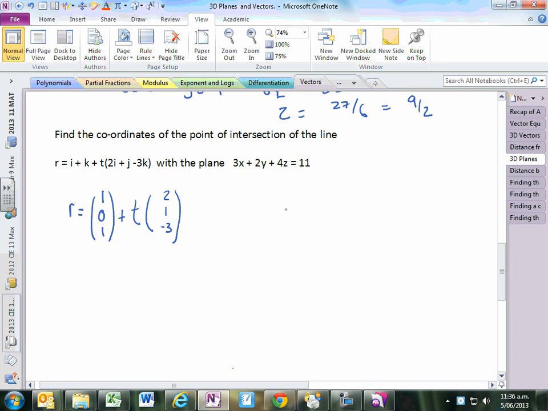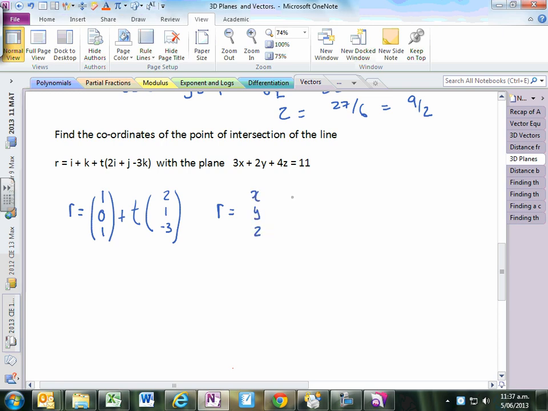So there's the line, and it's going to be cutting through the plane at some point. How can we go about finding that point of intersection? Put r equals 1 plus 2t, t, and 1 minus 3t. We're going to look at this vector r in terms of x, y, and z.